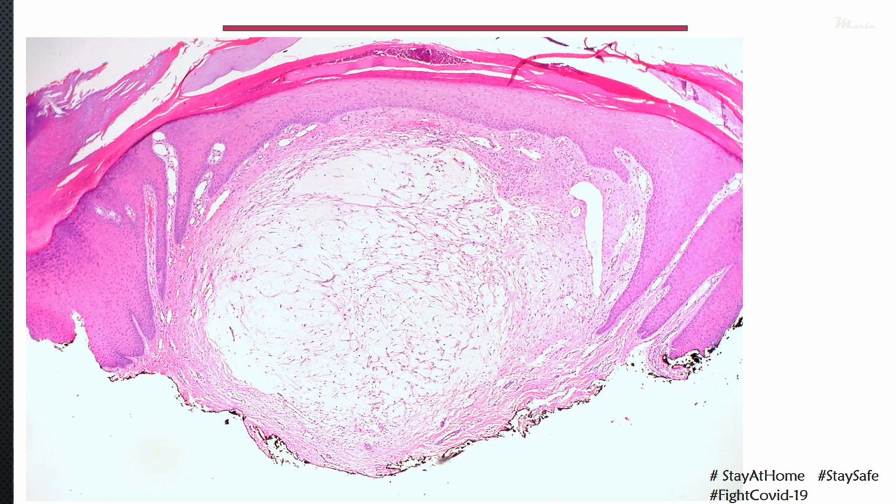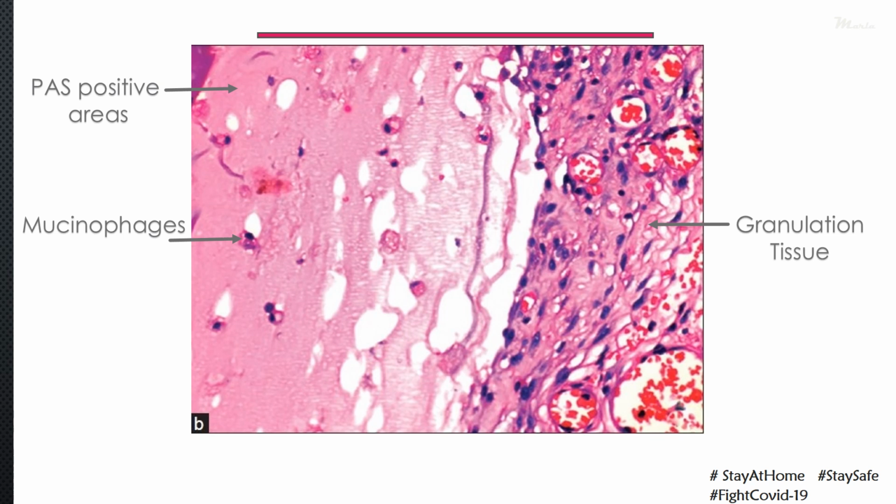Note that this mucus pooling has resulted in a swelling which has pushed the epithelium upwards. Understanding this mucocele better requires a further examination of the edge of the cavity, which reveals the mucus pooling.